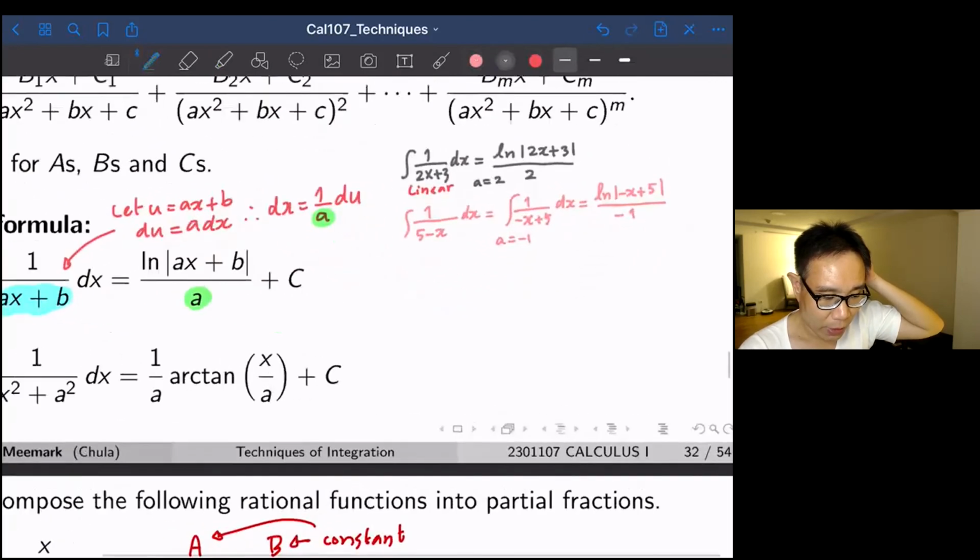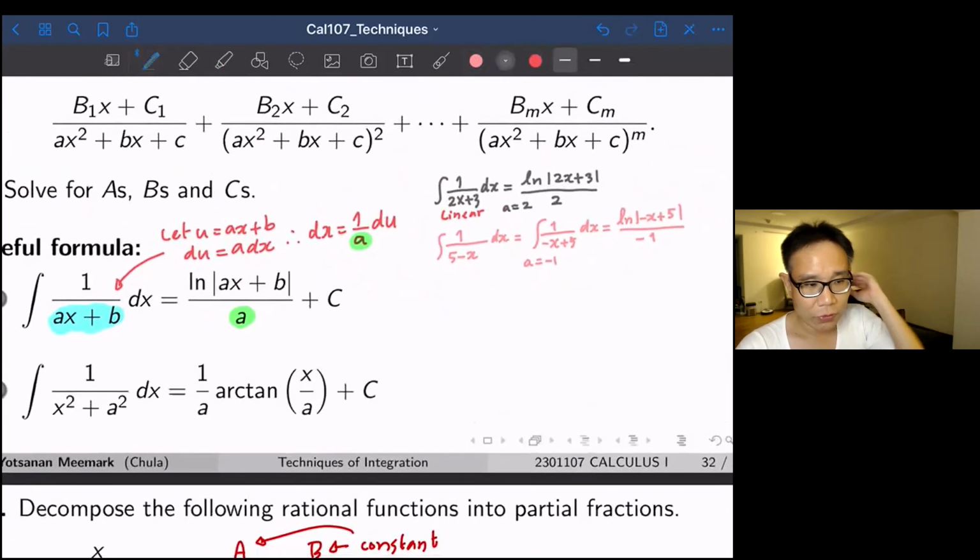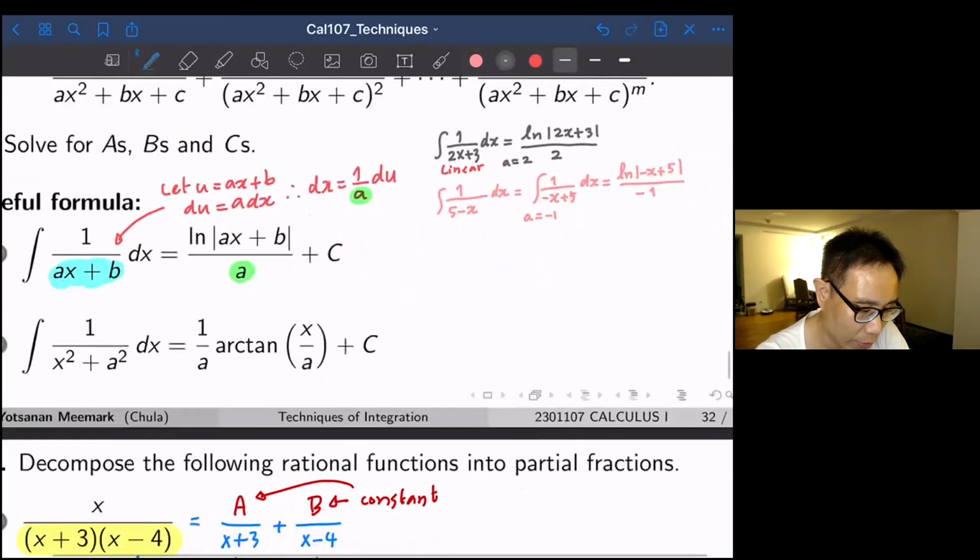The next one will be if you'd like to integrate 1 over x squared plus a squared. In order to take care of the quadratic term, you're going to use a substitution.